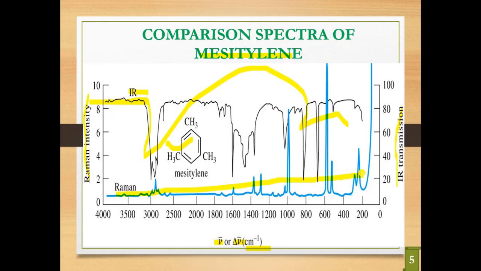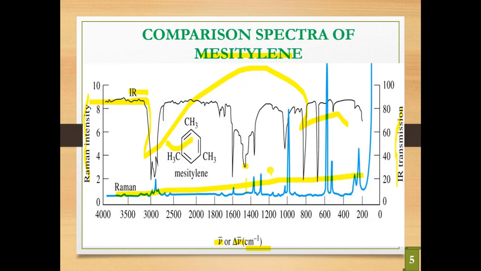So what is the basic difference? As we can observe, some bands are weak here, over here this is a weak band, but in IR it is giving a very strong band. Here there is a band and here there is no peak. It means that for this kind of molecule, all of the vibrational modes are there, but the intensities of the bands are different because the probability of the transitions is different.